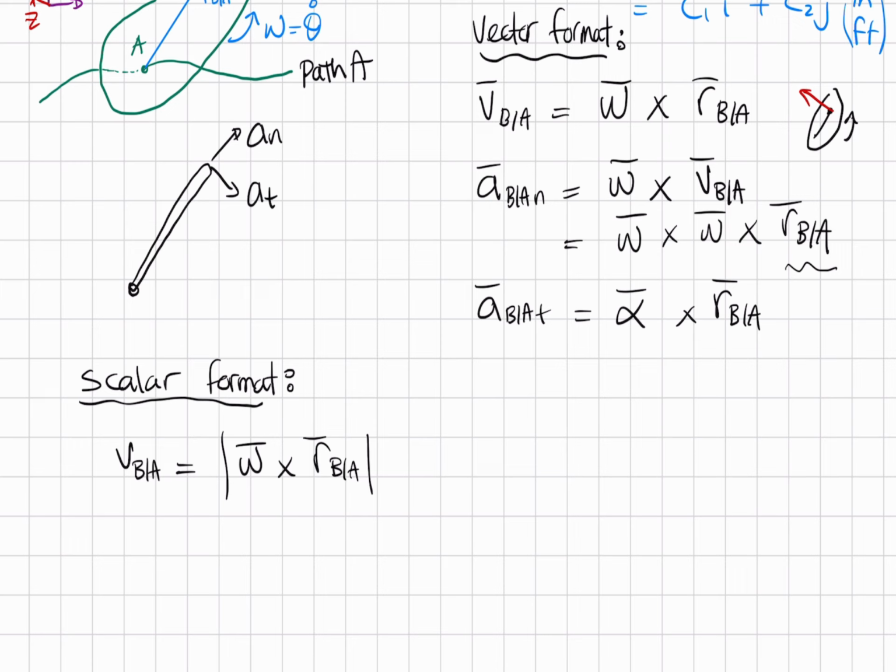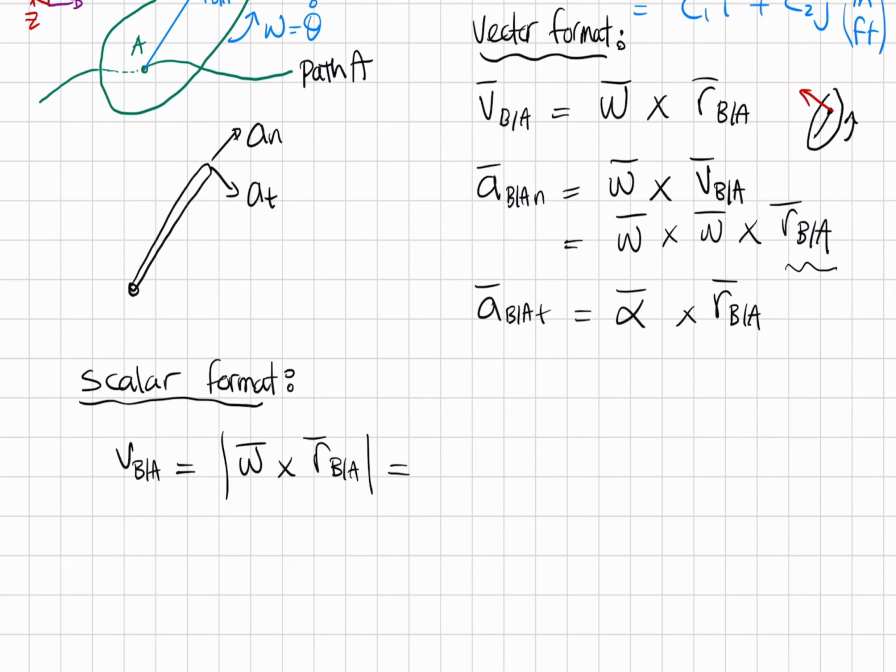So we're looking at this magnitude. Now, because omega is a vector that's coming out of the page, 90 degrees out of the page, and R_BA is going along the page, there is a 90-degree angle that exists between them.